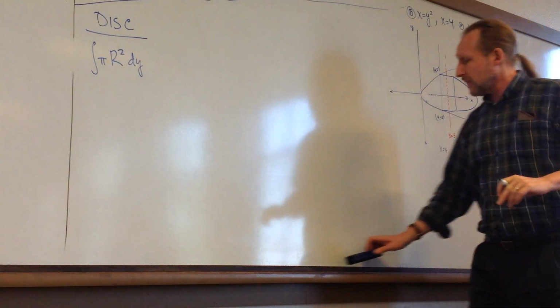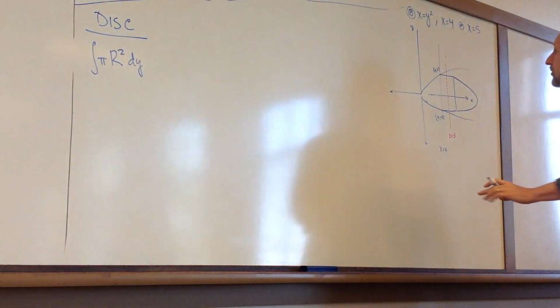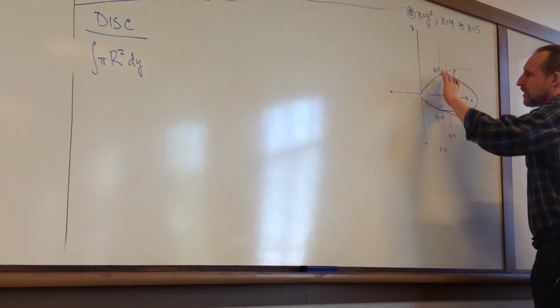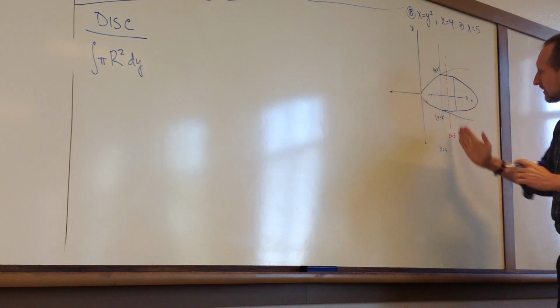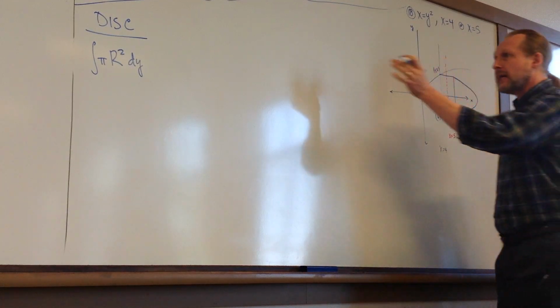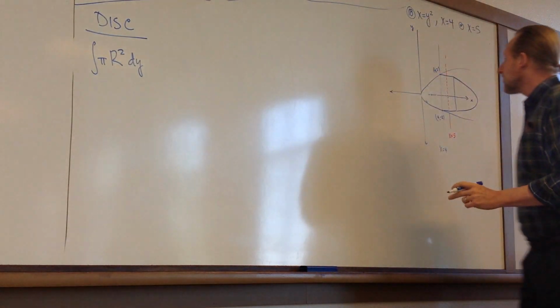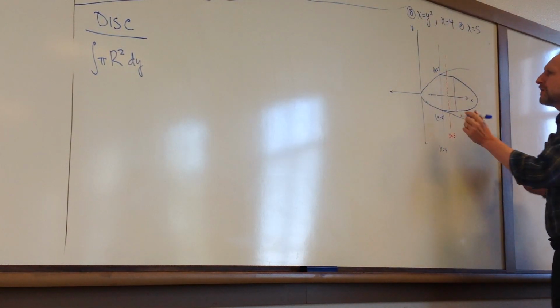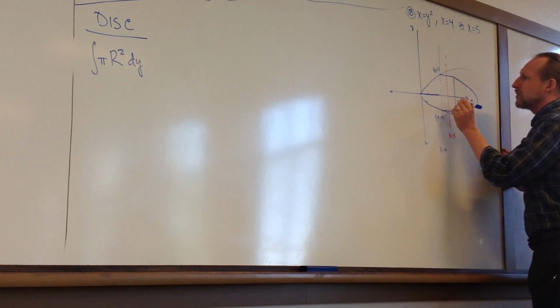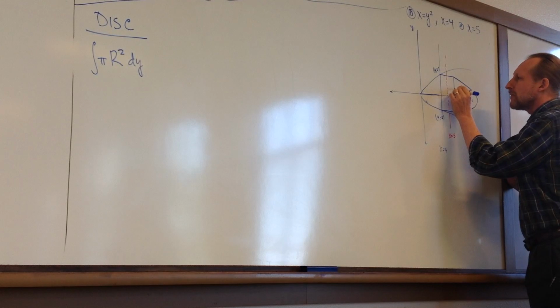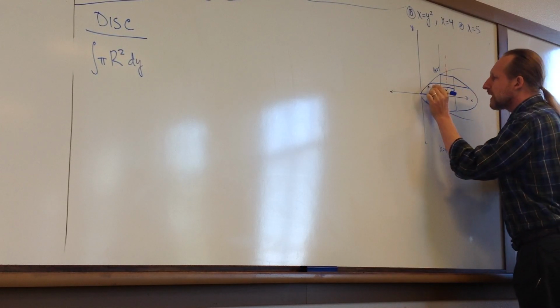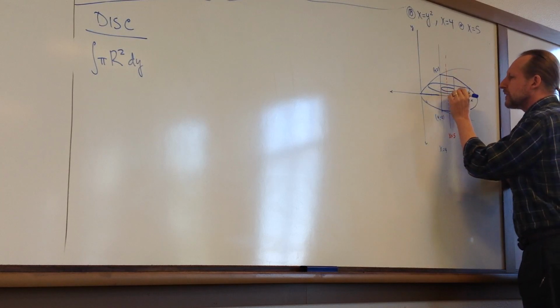Now, the other thing that I want to mention about this problem is notice that the area that we're rotating is not flush up against the axis of rotation. That's what creates that hole in the middle of the object that I just drew, and that's what's going to make this a washer problem. Our cross section here is going to have a little piece in there, and then a bigger piece out here.